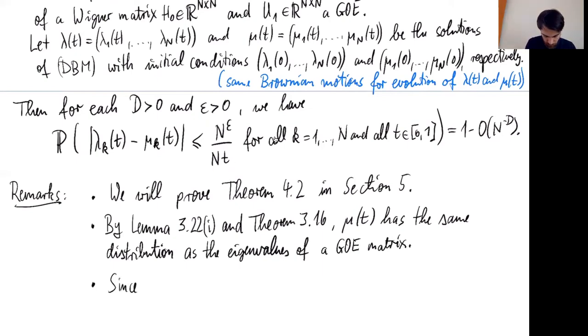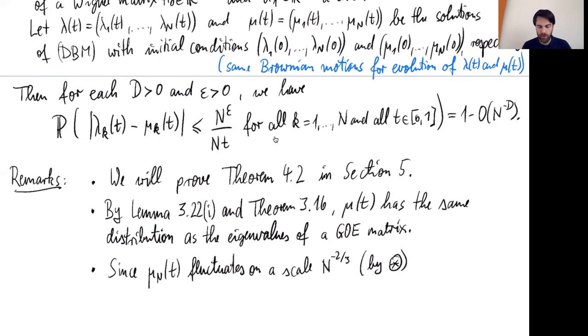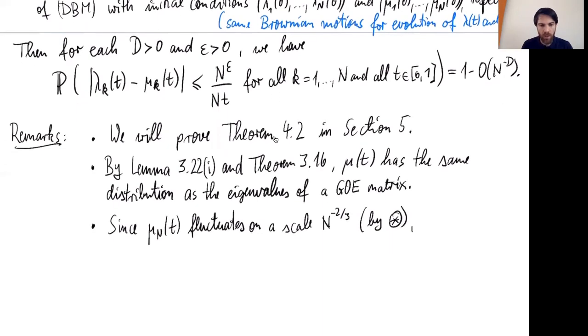Since mu t fluctuates on a scale n to the minus 2/3, this is, by this equation star, about the Tracy-Widom distribution. Theorem 4.2 is useful at the edge.